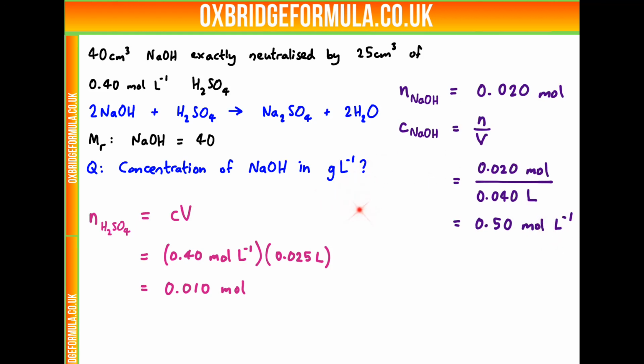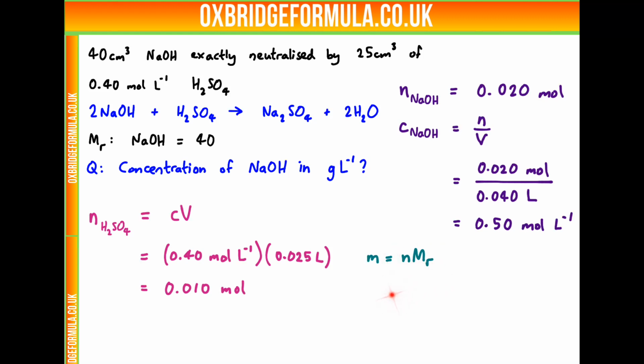So this is when we need to incorporate relative molecular mass. If we need the mass in grams rather than the amount in moles, what equation do we need to use? So mass is equal to the number of moles times the relative molecular mass. And so to get from a molar concentration to a mass concentration, we do the exact same multiplication.